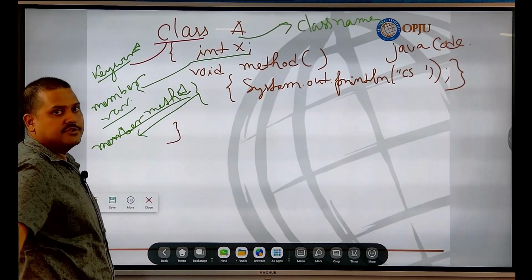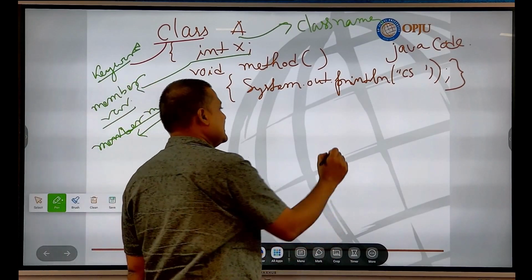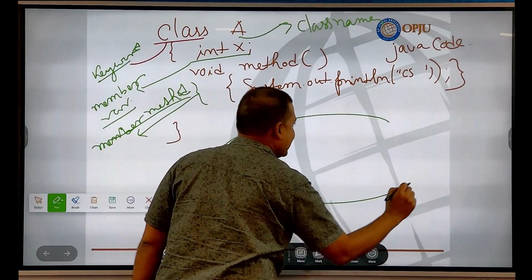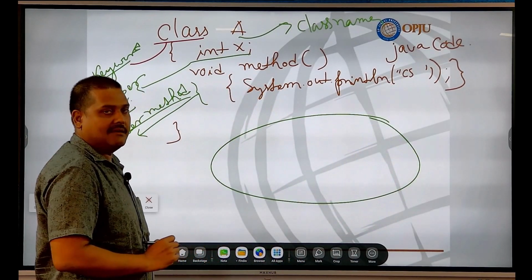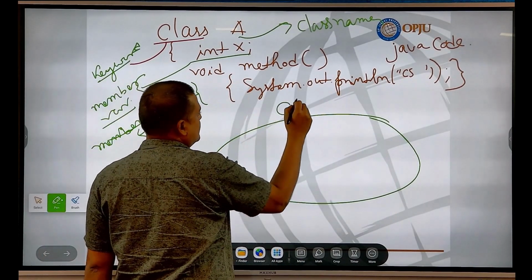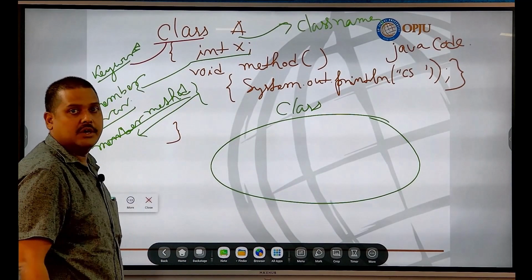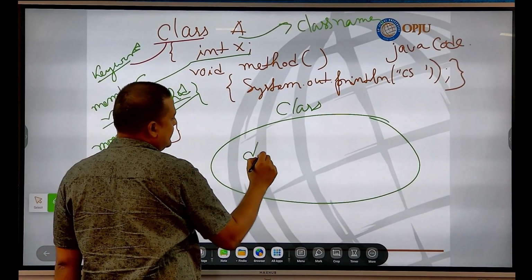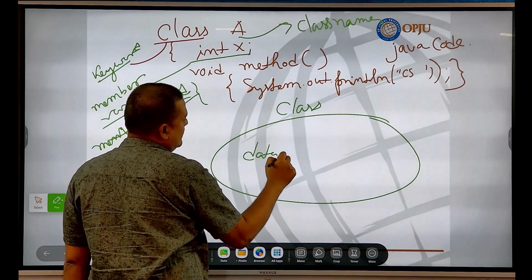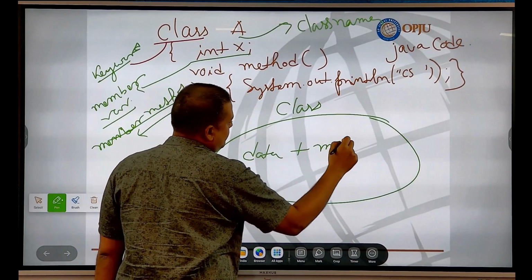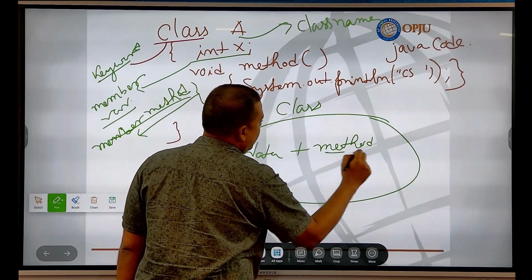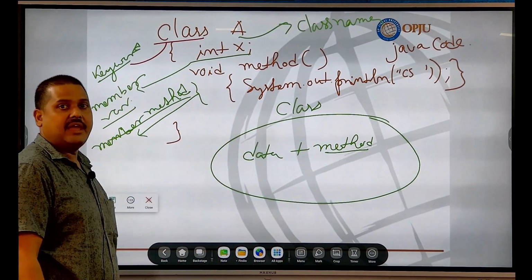So, in object oriented programming, every class is like a capsule. This is a class which has two properties, one is data plus method. Method is like the behavior.